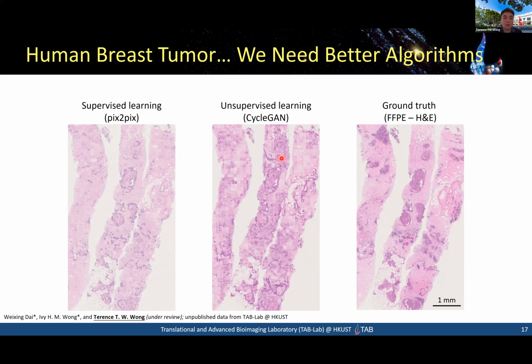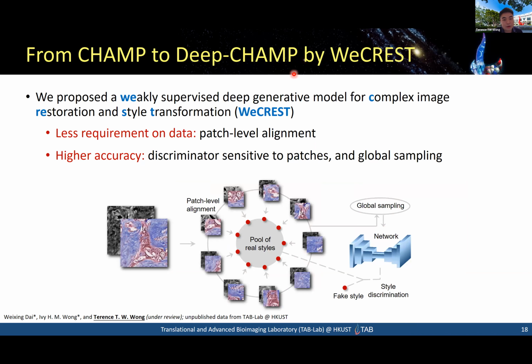So we found that we really have to develop a better algorithm ourselves, because this might be a problem that we are experiencing but not others. So we try to leverage the fact that we do have similar images, but not the same image pixel by pixel, because the tissue indeed distorted during sample preparation. So instead of perfectly supervised or purely unsupervised, we try to see whether something in between can improve the overall performance.